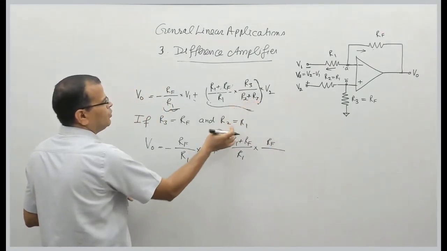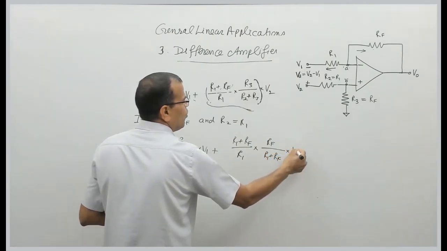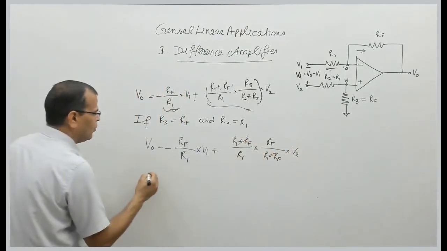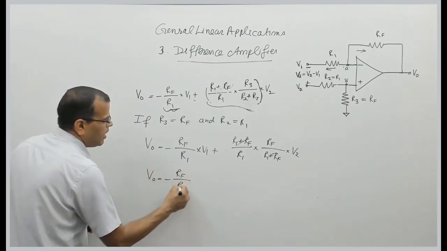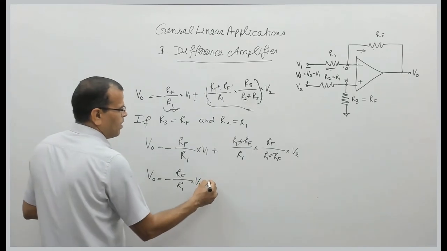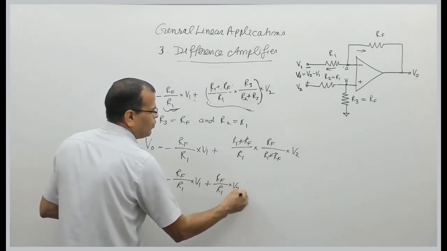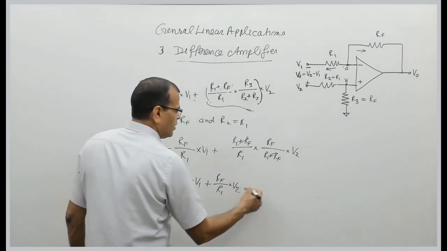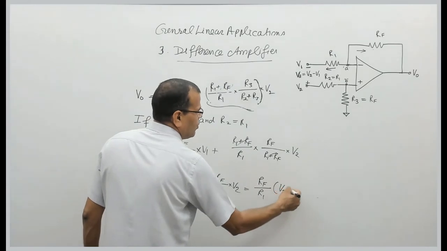R2 plus R3 is R1 plus RF. So (R1 plus RF) into V2. So this and this are cancelled out. So V0 will be equal to minus RF by R1 into V1 plus RF by R1 into V2. Or I can say this is equal to RF by R1 into (V2 minus V1).